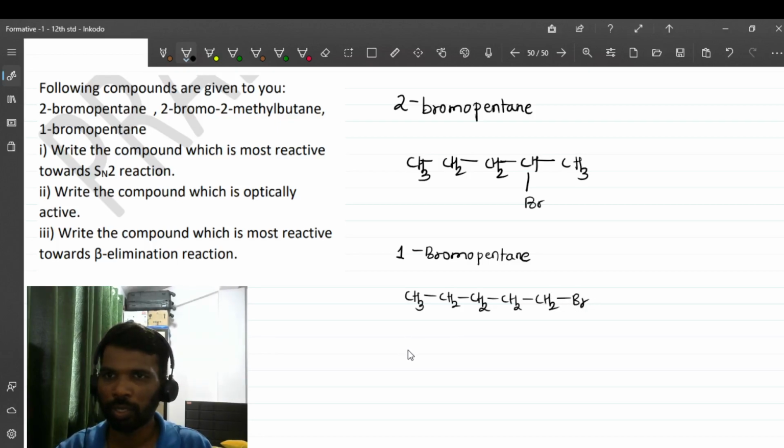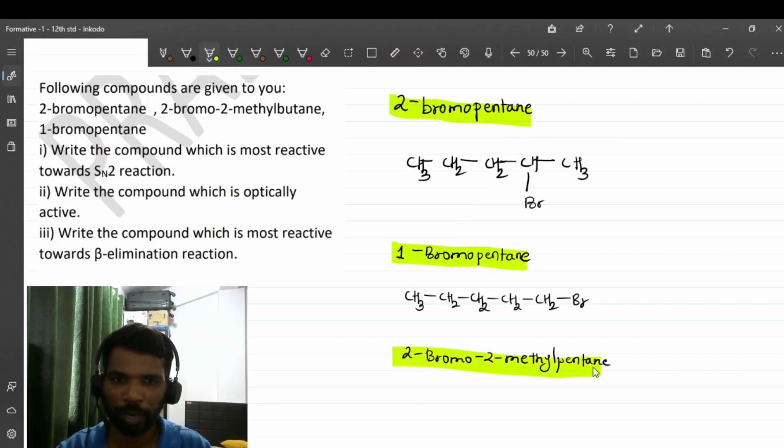And the last one, sorry, the second one, is 2-bromo-2-methylpentane. Here, first is this, second and third I am writing this way.